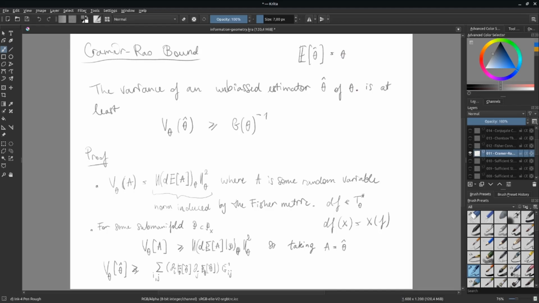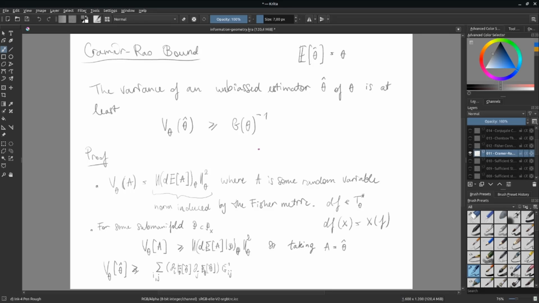Then the variance of it is at least the inverse of this matrix. Notice here again it's a matrix inequality, but we can always sort of get back to a scalar inequality. But why is this important?